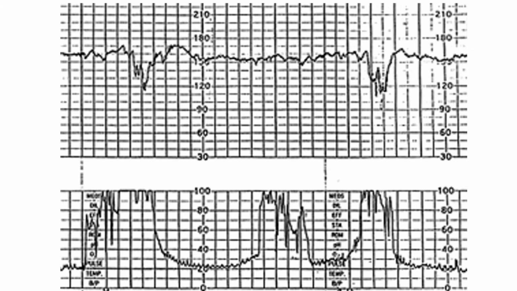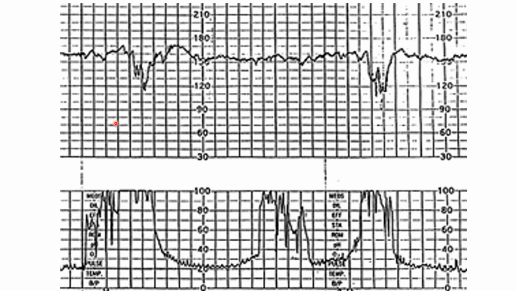So in this particular slide, we see that this is the top part, which is indicating the fetal heart tracing, and this is the bottom part, which is indicating the uterine contraction. And as the uterine contractions are very high, they are probably second stage contractions.